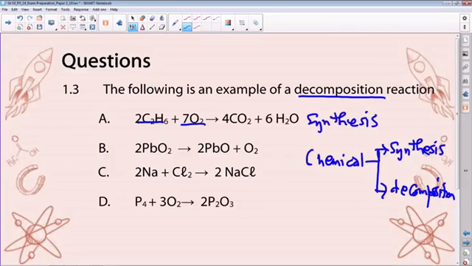And then this one, the one of lead(IV) oxide breaking down into lead oxide, is an example of decomposition, which has to do with breaking down. So for that reason, this is a typical decomposition chemical change or chemical reaction.